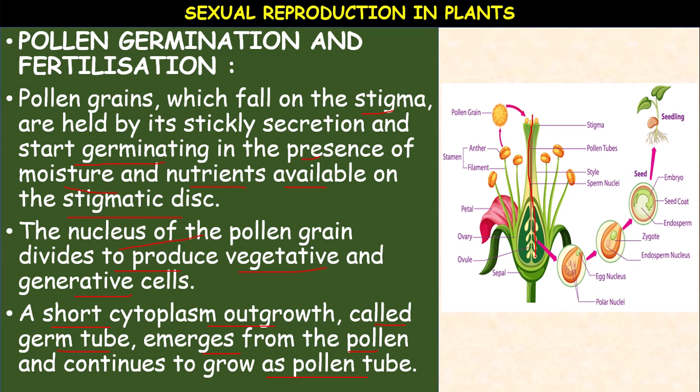The pollen grains which fall on the stigma are held by its sticky secretion and start germinating in the presence of moisture and nutrients available on the stigmatic disc. A short cytoplasmic outgrowth, called the germ tube, emerges from the pollen and continues to grow as pollen tube. During its growth, the pollen tube secretes enzymes and digests the tissues of the stigma.